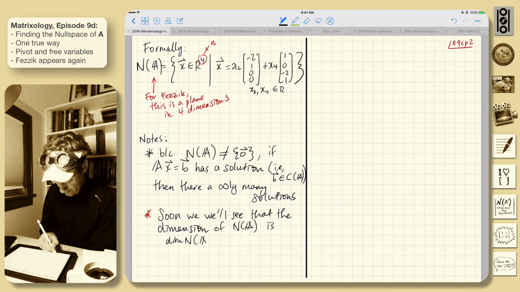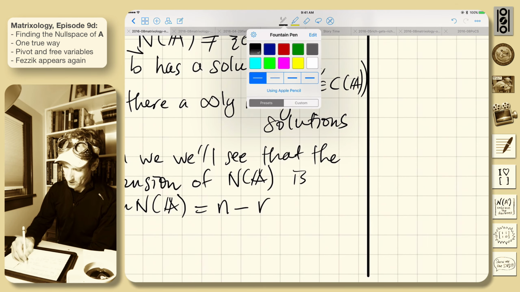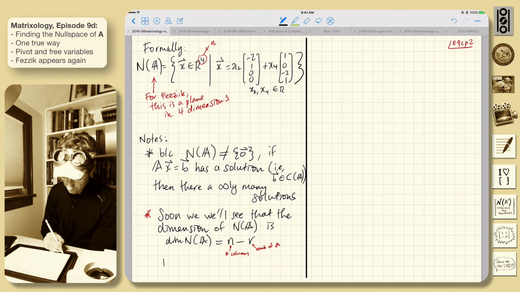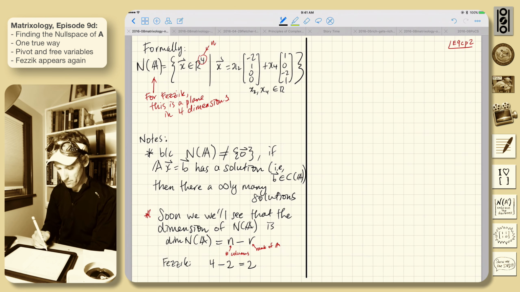The dimension of the null space of A is equal to n minus r, right? n minus r. So this is the rank again, rank of A. And this is the number of columns. So in this case, for Physic, number of columns is 4, right? 4 across. 4 minus the rank, 2 equals 2.